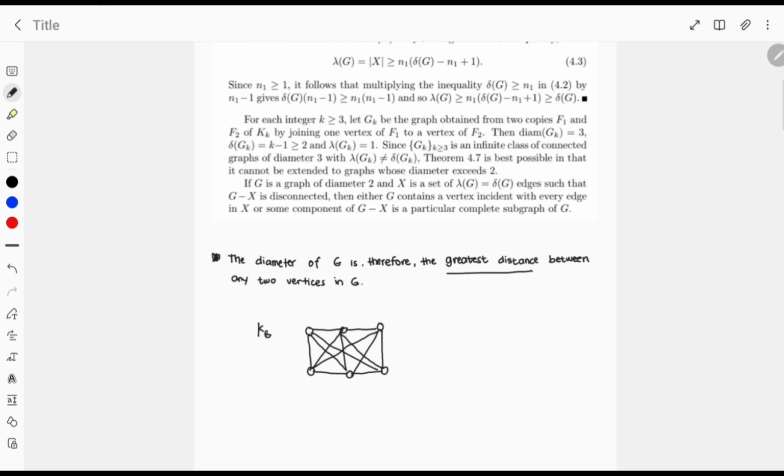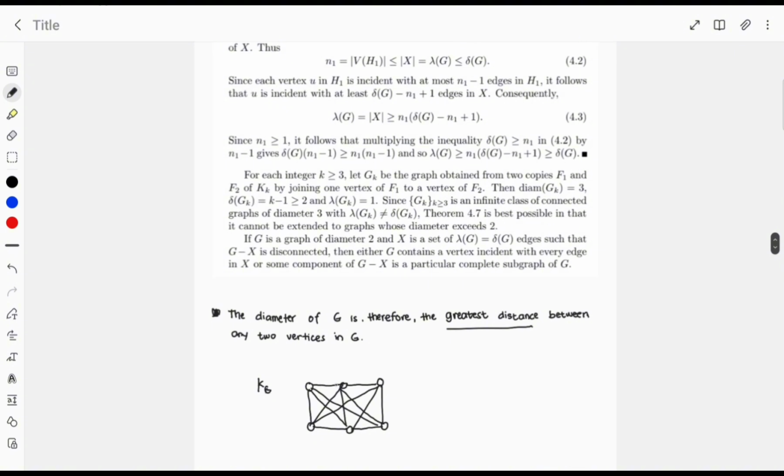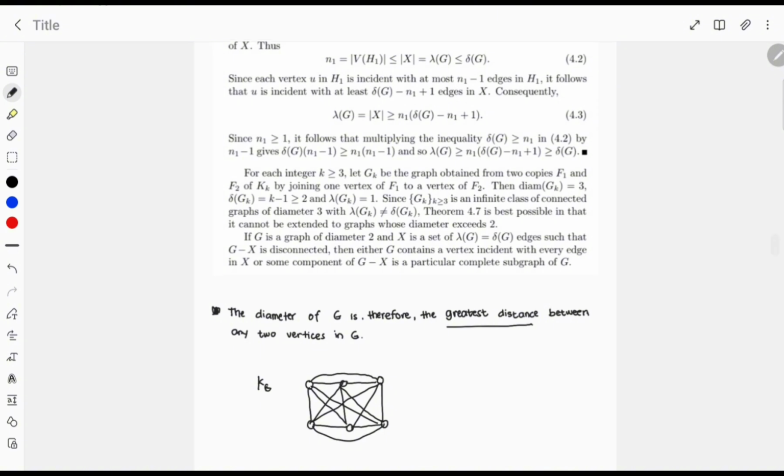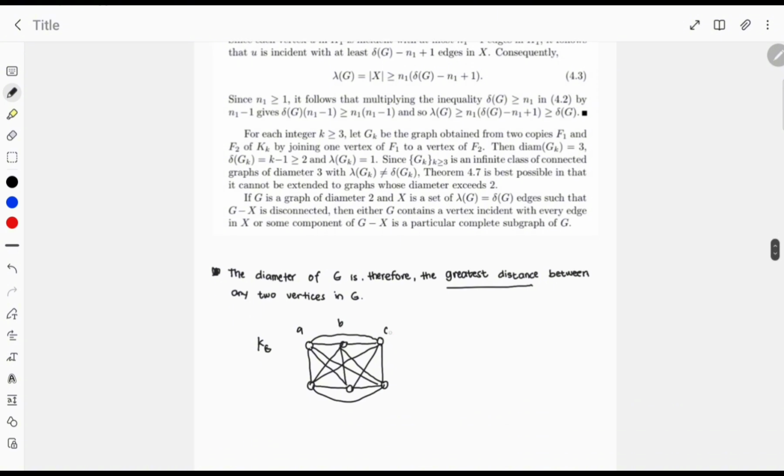The diameter of this graph is 1, because suppose we have A, B, C, D, E, F. A to B is 1, A to C is also 1, A to D is 1, and E to F is also 1. The same with B, C, D, E, F. It's because each vertex is adjacent to every other vertex.